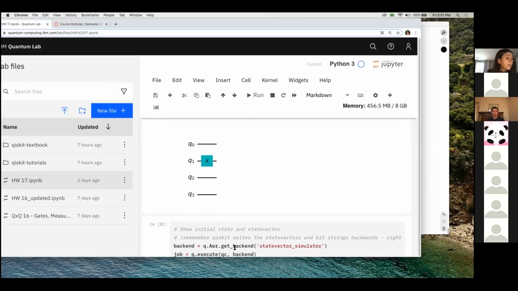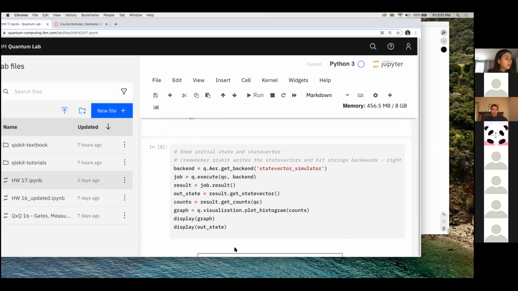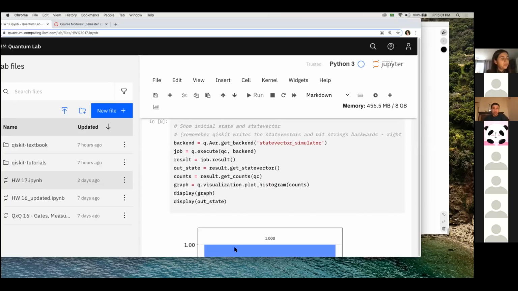So, okay, now we're going to use the state vector simulator that we used last week as the back end. We learned this in the last homework. If you have curiosity, you should; if you didn't do it, go do it. Homework 16 has these commands. That's where it came from.